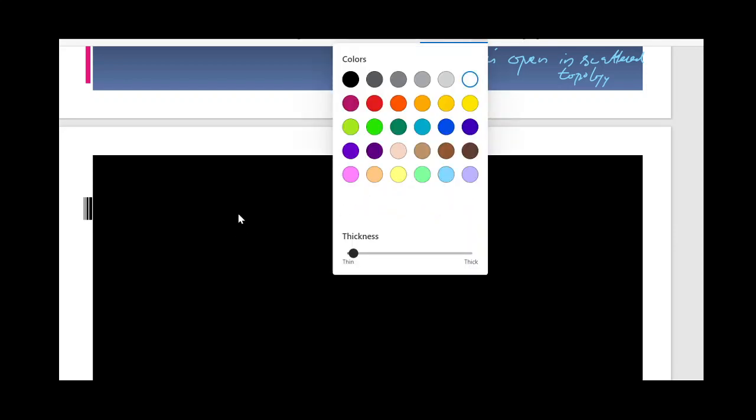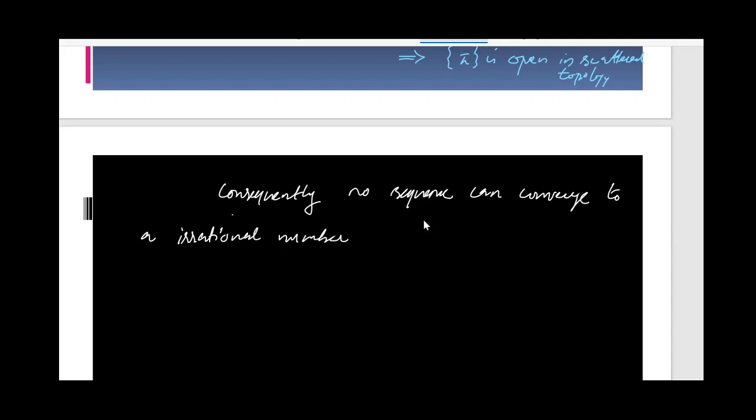Consequently, no sequence can converge to an irrational number, except an eventually constant sequence.